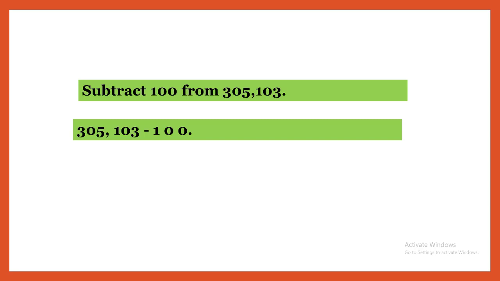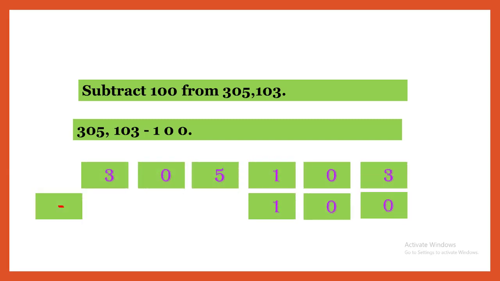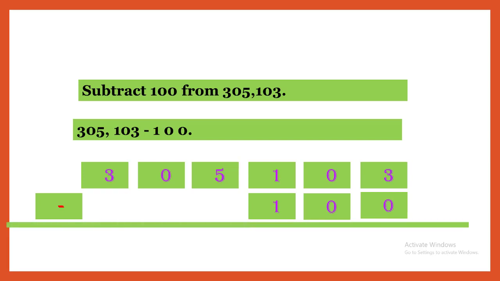We have to subtract 100 from 305,103. First of all, write them vertically. See the first column. Start from right. 3 minus 0 will be 3. 0 minus 0 will be 0. 1 minus 1 will be equal to 0.